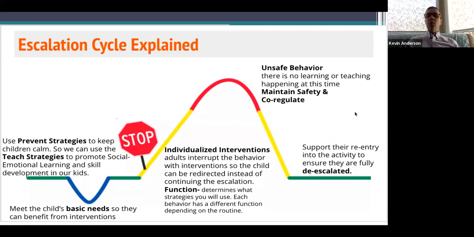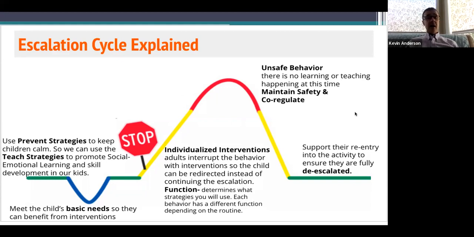What we're really talking about with these three areas is that the green zone is where our children are when they are able to learn. This is when our children are alert and active, and this is our best opportunity for our children to learn.